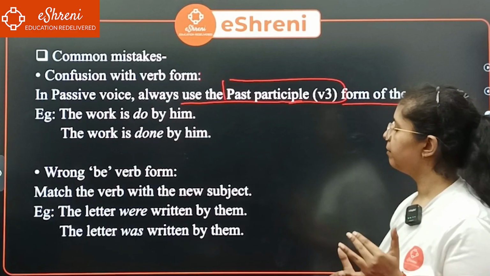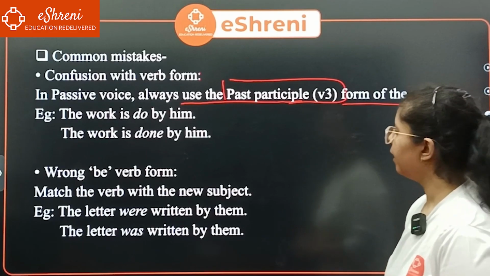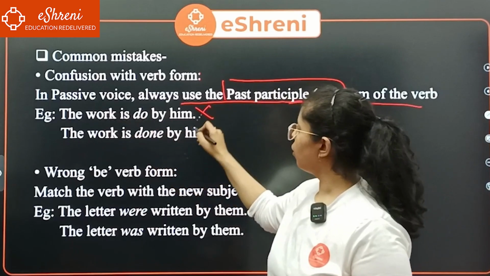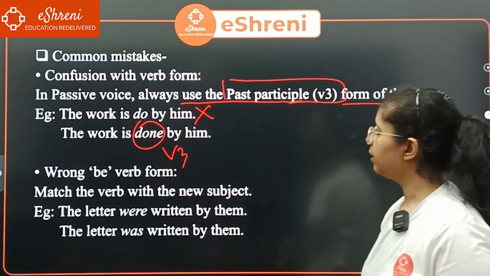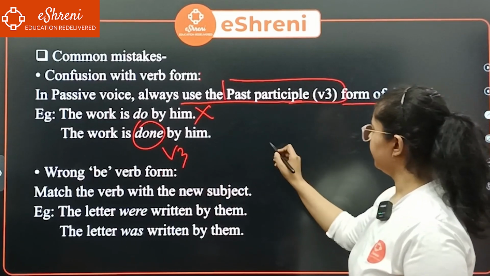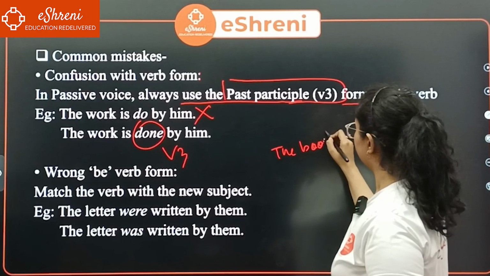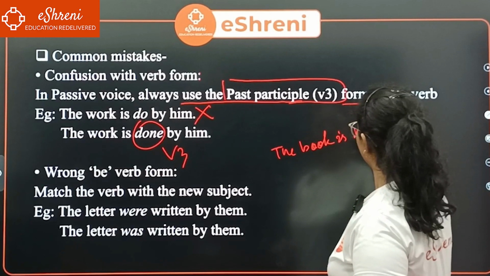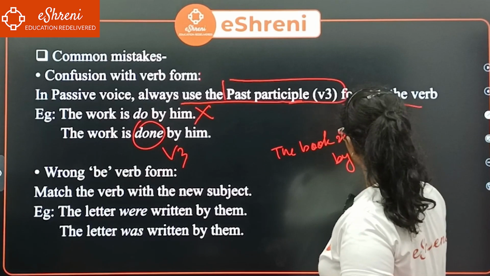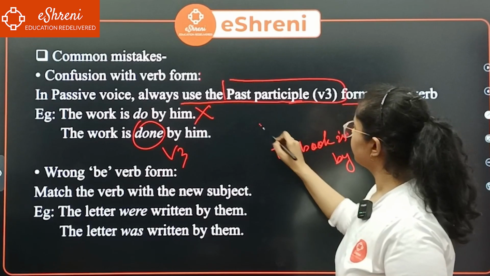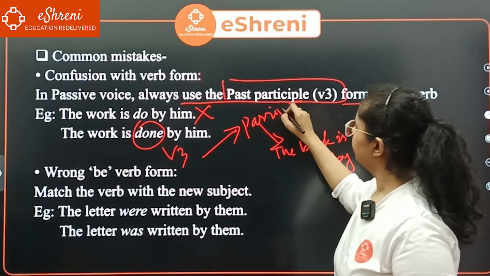The work is do by him is wrong. The work is done by him: done is the past participle form of the verb. The book is bought by him. This is true only in case of passive voice.